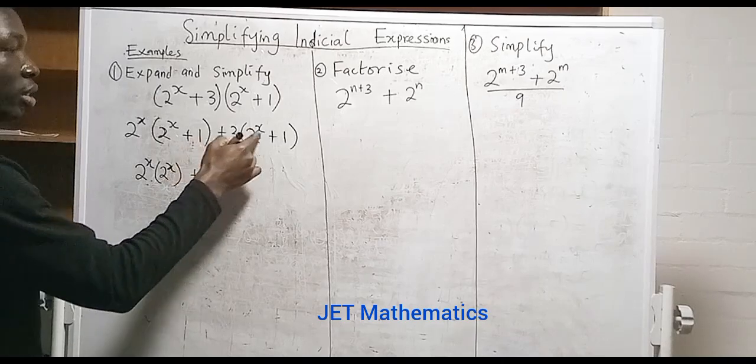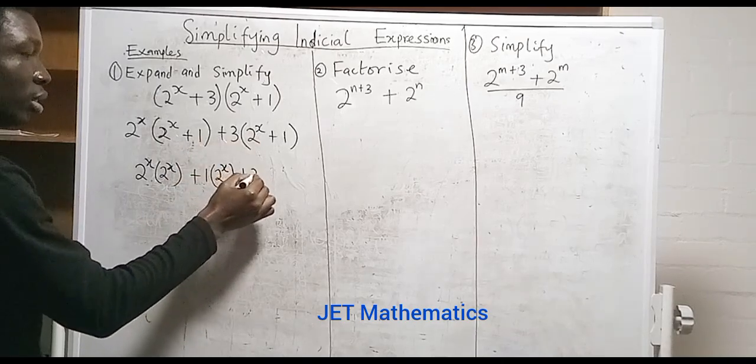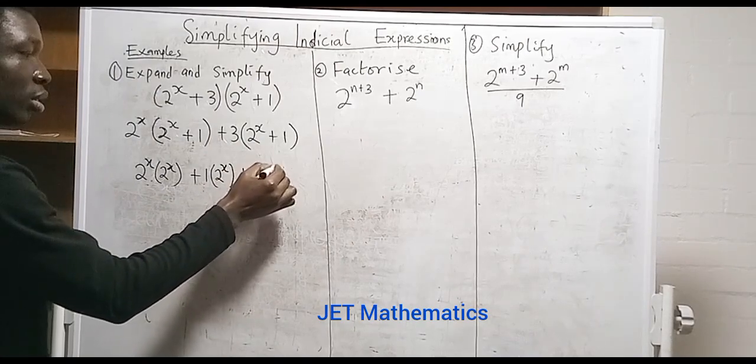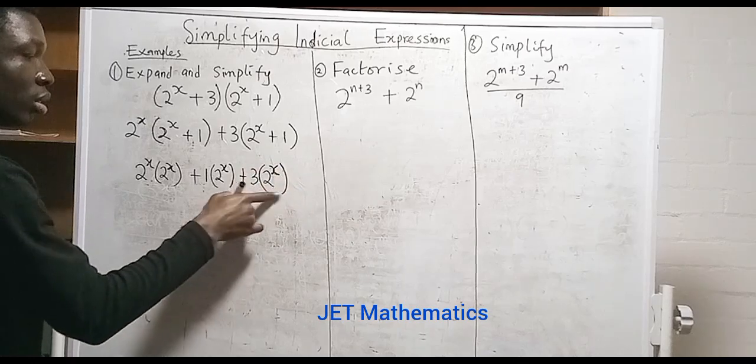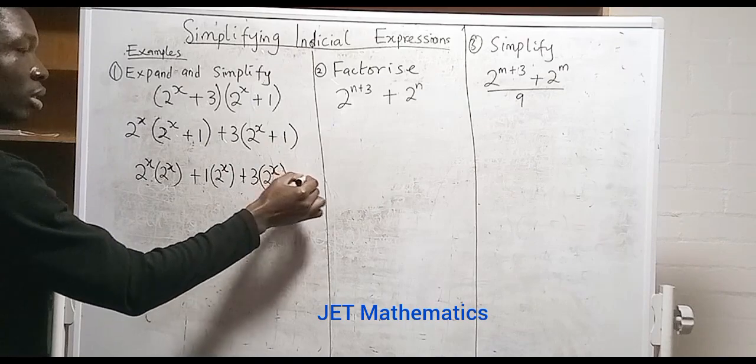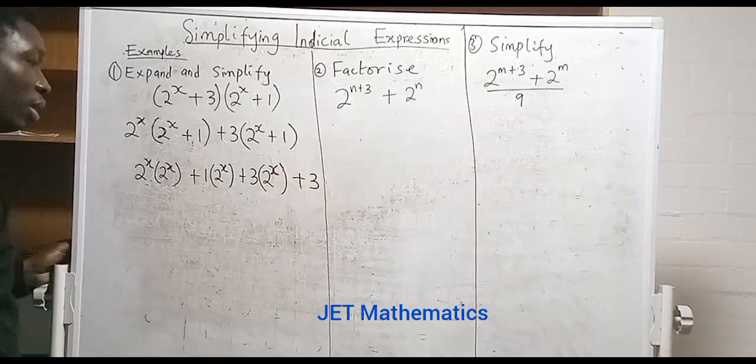Okay. 3 times this is 3 times 2^x, and then 3 times 1 is 3. We are aware of that.